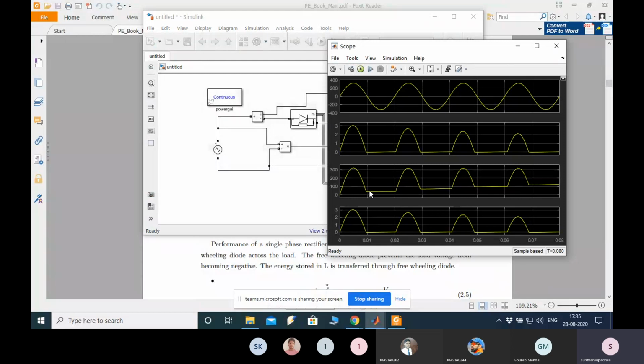See over here, the output voltage is getting flattened out. The input current is reducing, and the voltage is somehow increasing. This is the effect of RC.